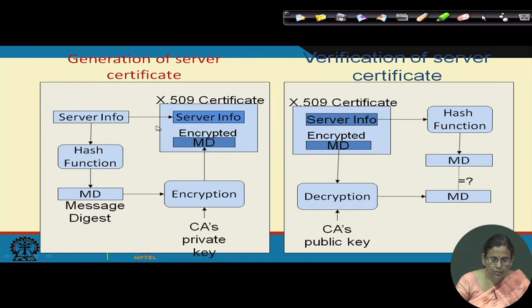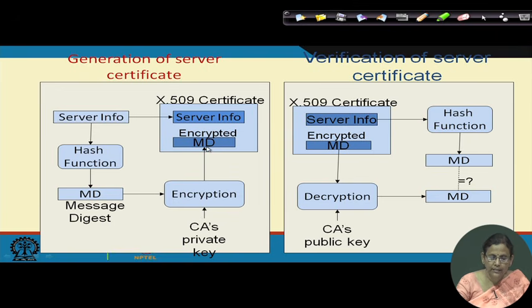So, when the server gets this certificate, his existence and the information he provides is verified by the certifying authority, and the certifying authority encrypts this message digest with his own private key.